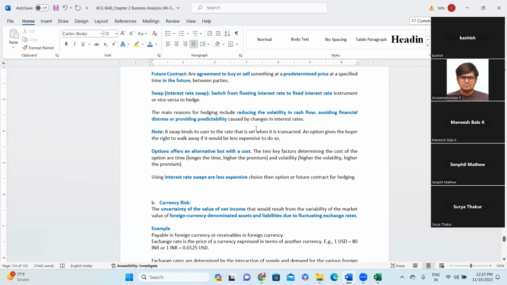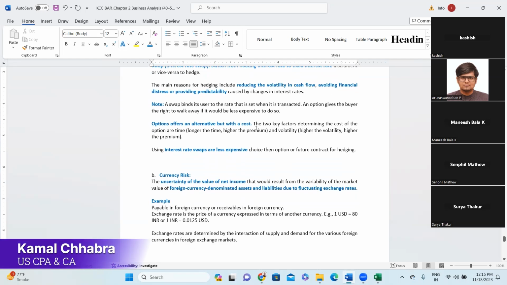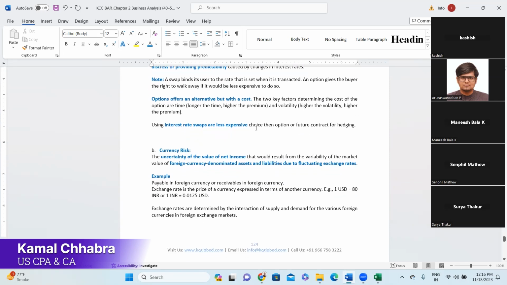Yes, sir. The main reasons for hedging include reducing the volatility in cash flow, avoiding financial distress, or providing predictability against change in interest rate. So note over here, a swap binds its user to the rate that is set when it is transacted. An option gives the buyer the right to walk away if it would be less expensive to do so.